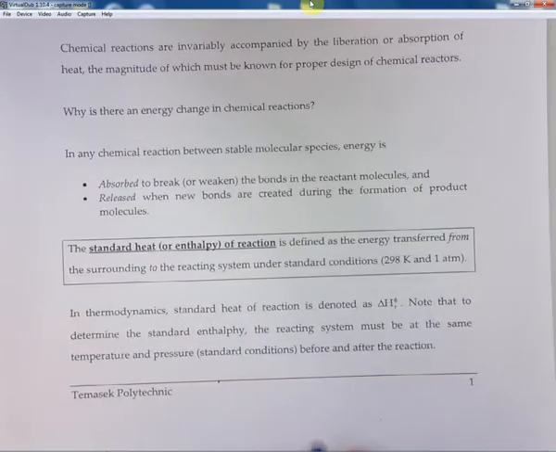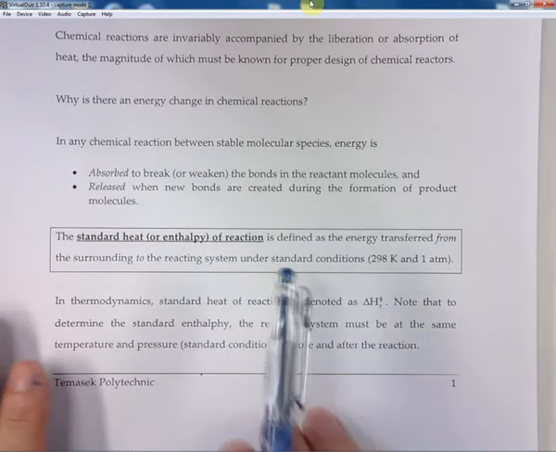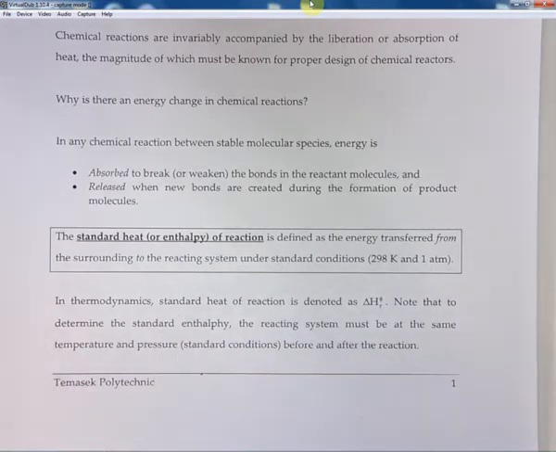Therefore, it's important for us to calculate the standard enthalpy of reaction, or heat of reaction, because it is defined as the energy that is transferred from the surroundings under standard conditions.